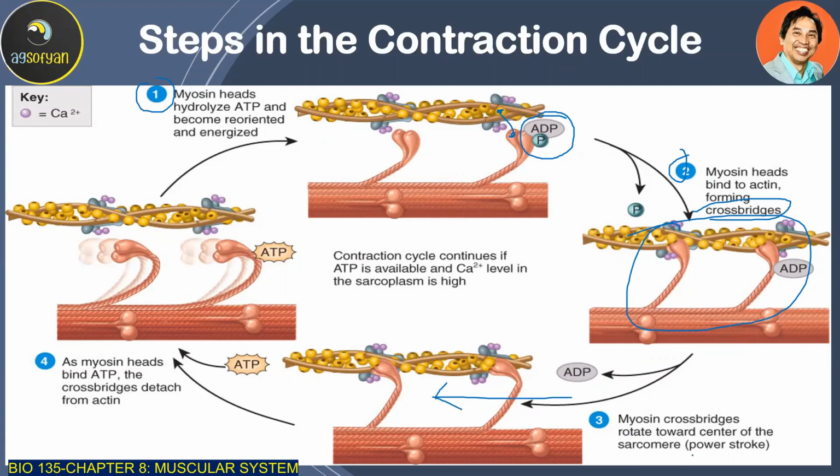And this is what we call the power stroke. In order to detach this bridge, a new ATP has to be produced and attached to the myosin head. Whenever ATP attaches to the myosin head, it will release the attachment. And this is what we call the detachment of the cross bridge. It requires an ATP.